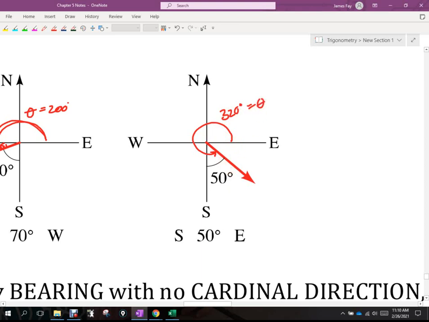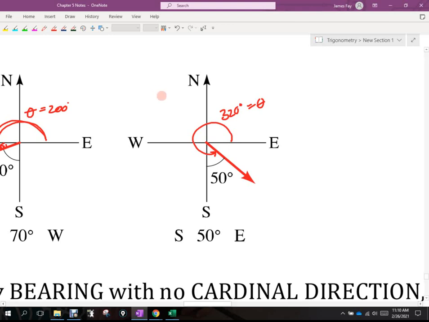There is a different heading and bearing, and I get them mixed up. If we're in that field of navigation, heading means one thing, bearing means another thing, but they get misused a lot in our terminology and in our practice problems from certain authors.